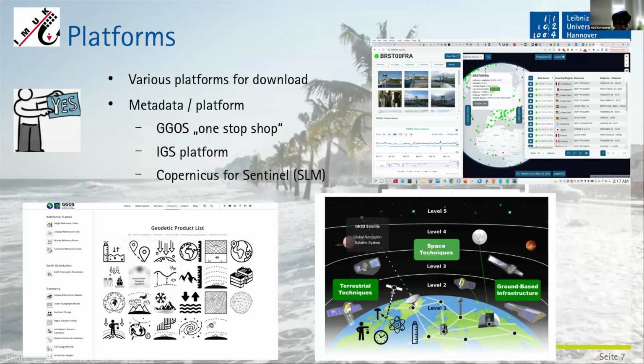You have to go there and click, and then you'll be redirected. You get another platform and another one, and it's always different. And it's not homogeneous. Each time you have to find out where is the data download button, where will I download exactly? So it's always quite tricky and complicated.